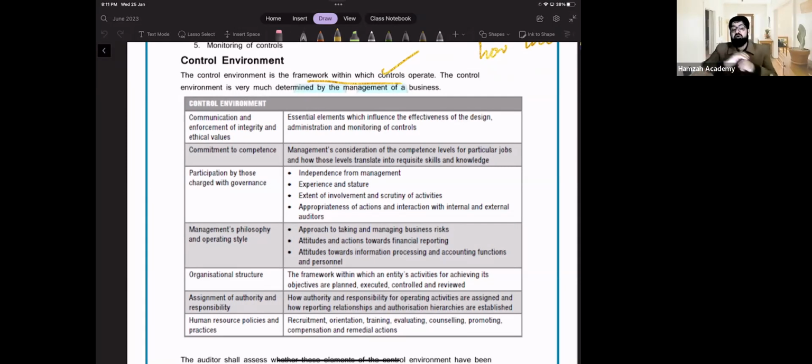So communication and enforcement of integrity and ethical values.